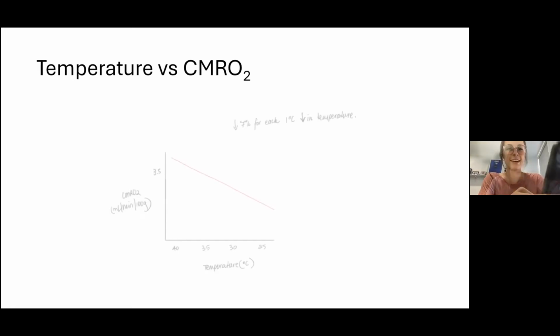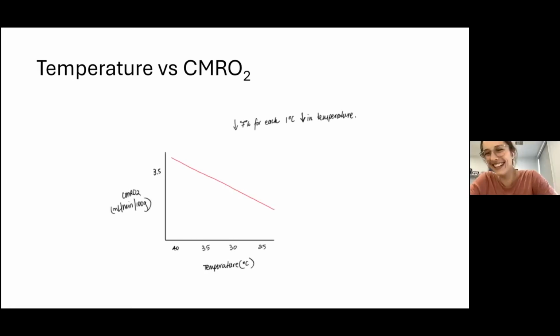All right, that's time. So let's pretend that it looks like this. Perfect. And a normal value that you could put on there would be, so a normal temperature, say like 37 degrees, and a normal CMRO2 of 3.5 mils per minute per 100 grams. That's usually where I try to put my normal value to draw my graph from.